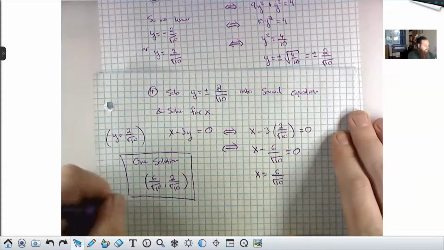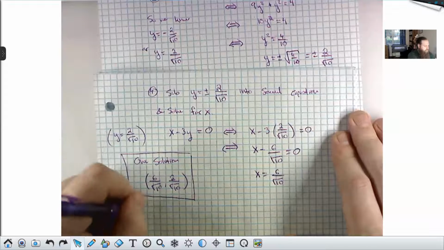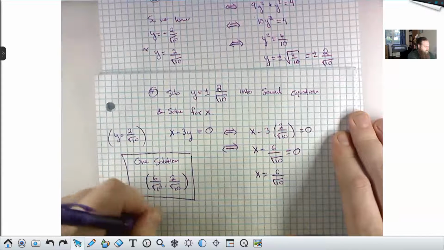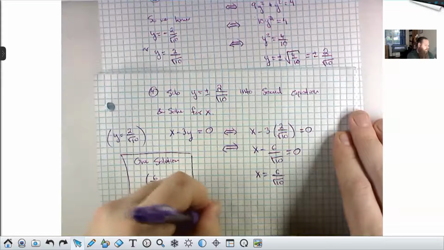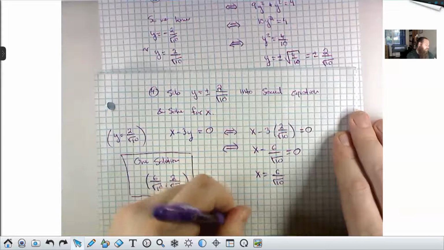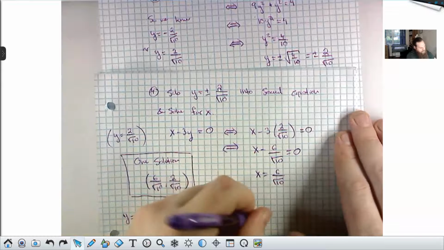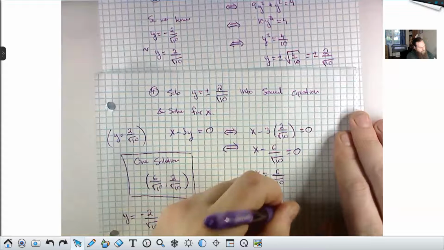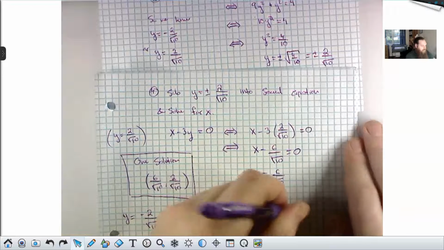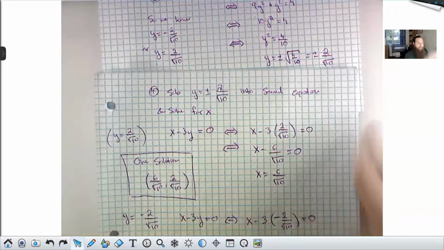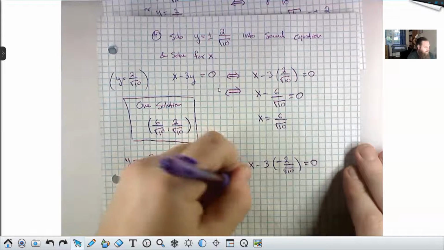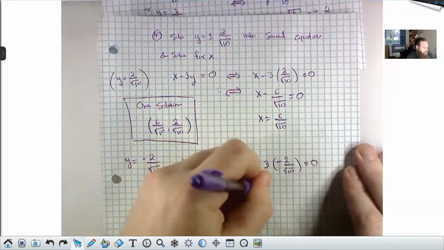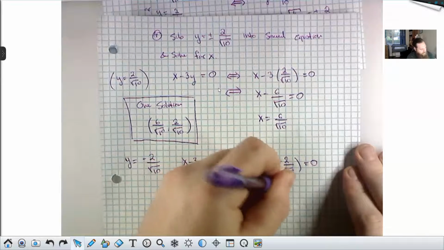On the other hand, if I plug the negative y value in, y equals negative 2 over the square root of 10, then x minus 3y equals 0 is going to become x minus 3 times negative 2 over the square root of 10 equals 0. And this is the same as x plus 6 over root 10 equals 0.